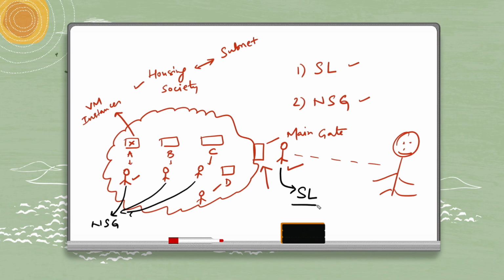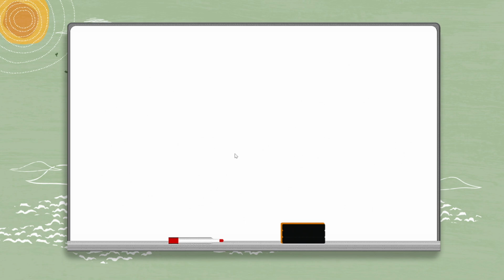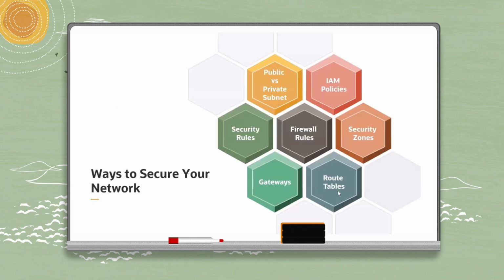Why? Because security list is associated with a subnet, whereas network security group is associated with the VM instance NIC.